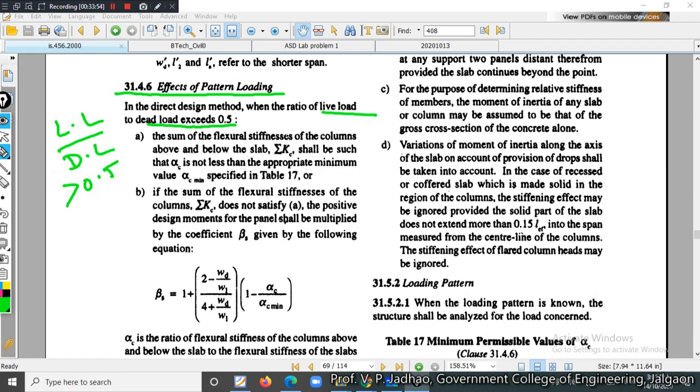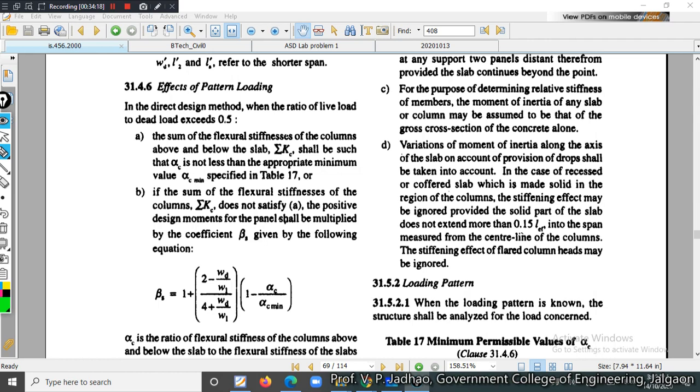Because you know that due to moment redistribution, the moments are adjusted. But IS 456 limits this to only 33%. If the effect of pattern loading is more than 33%, then some corrections are required to be applied.